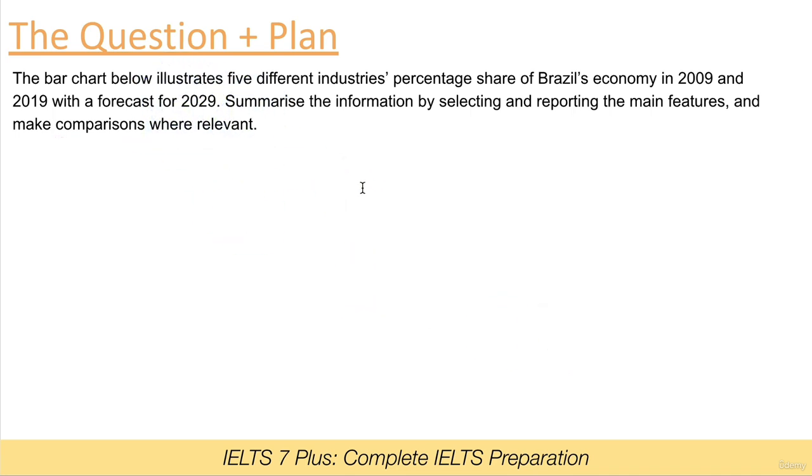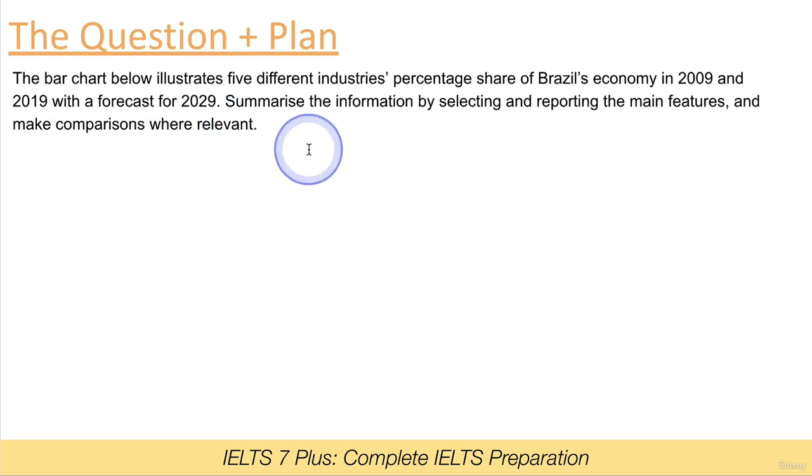So in other words, where there are particularly large differences or maybe important differences. So as with the reporting and selecting, the comparisons, we're not comparing absolutely everything. We're being selective, which is a very important skill for the IELTS task 1.